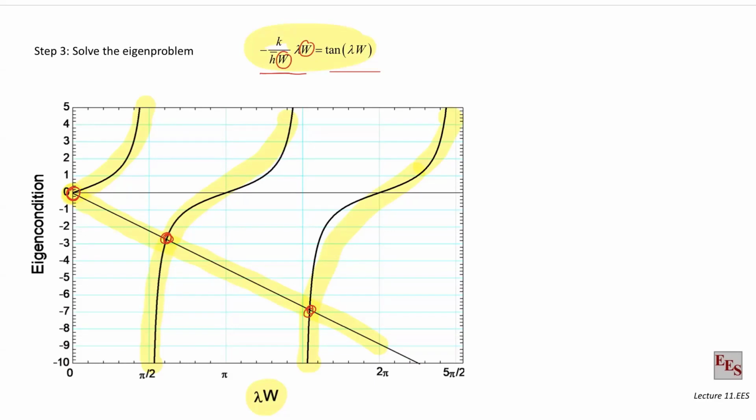Okay. So we can use EES if we can provide a reasonable guess value for lambda times w. EES would start off somewhere around here, searching to find the equality, and it would probably find that point if we provided a reasonable guess value. But the problem is you'd have to do that infinitely many times.